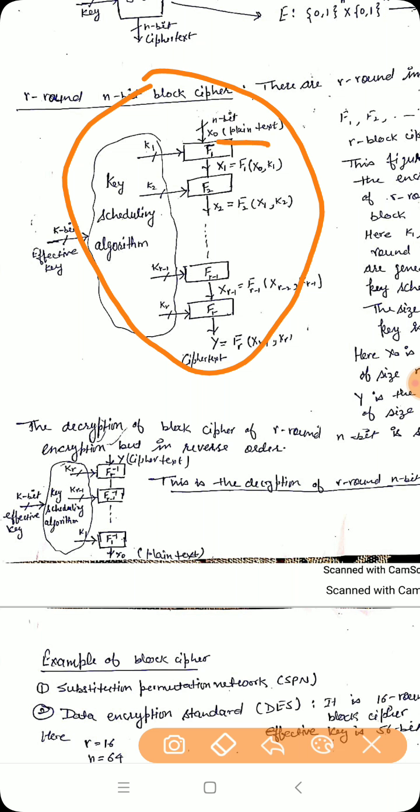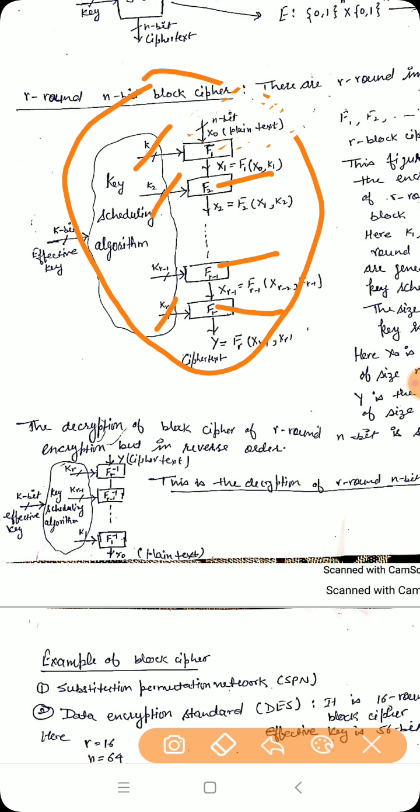F1 is the first round, F2 is the second round, F(R-1) is the (R-1)th round, and this is the last round, the Rth round, FR. In the first round, X0 is the plaintext, which is n-bit size, and K1 is the first round key, K2 is the second round key, and KR is the Rth round key.